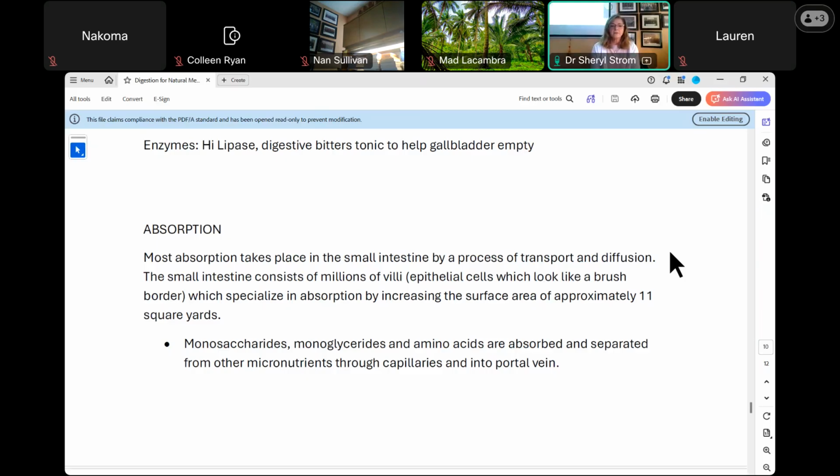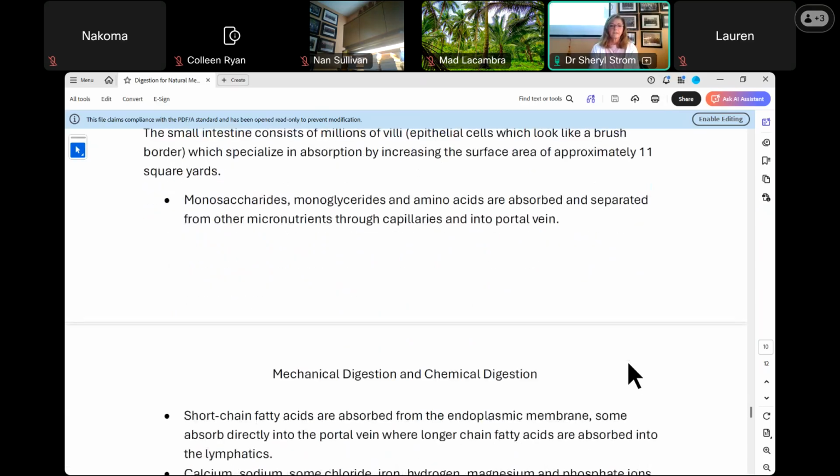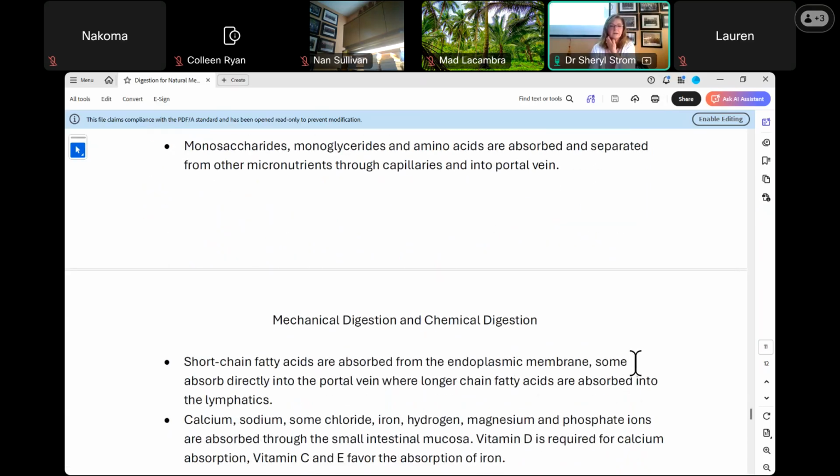Monosaccharides, monoglycerides, and amino acids are absorbed and separated from other micronutrients through capillaries and into the portal vein. So it should say go into the portal vein. Short chain fatty acids are absorbed from the endoplasmic membrane.